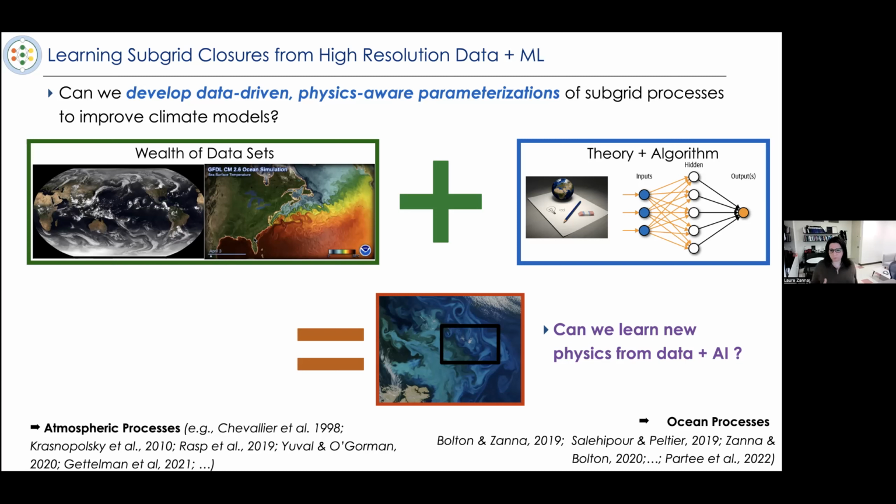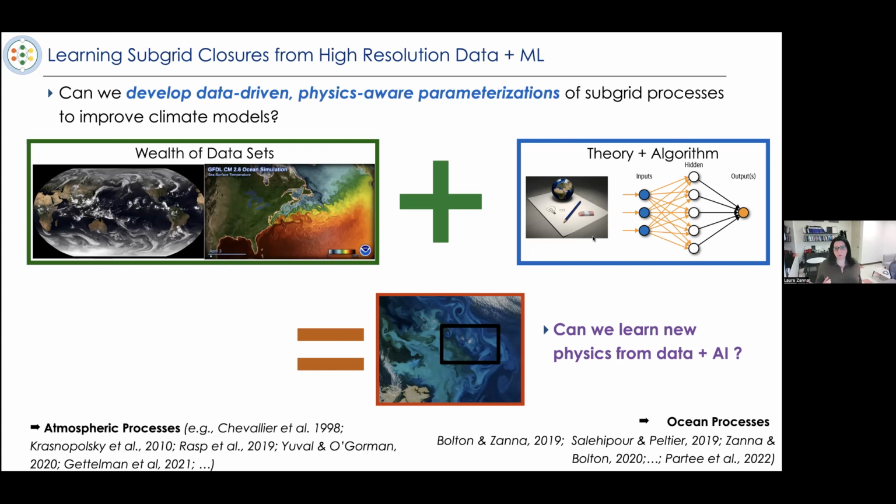We can't run simulations for hundreds of years and do large ensembles, but we can still run them over a short amount of time or as a one-shot experiment. So can we use that data to capture the effect of resolved eddies in those simulations on the large-scale flow? And then can we use machine learning and new algorithms to capture the effect of those eddies on the large-scale flow, and then come up with a parameterization.